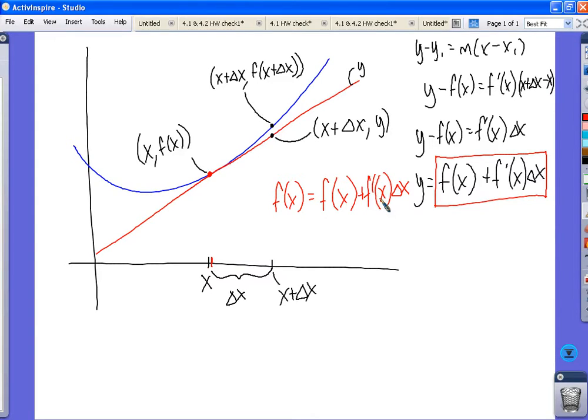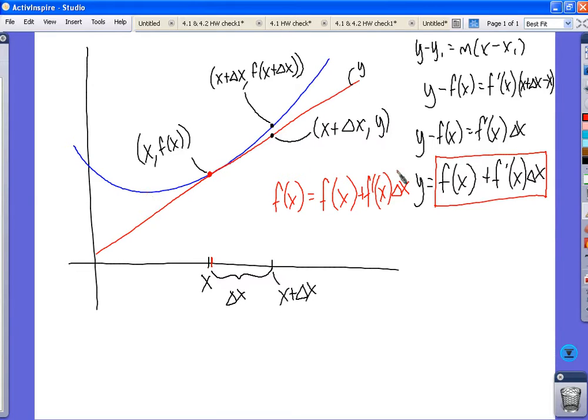Same thing here. Maybe your function is a really complicated, crazy function. It's hard to actually calculate the values, or it takes a long time. Instead of that, if x has a value that we know for this blue function, or for our original function, we can go from there and approximate values near that x value with just a line.